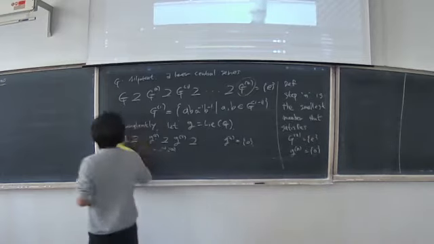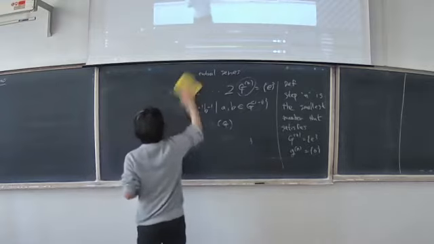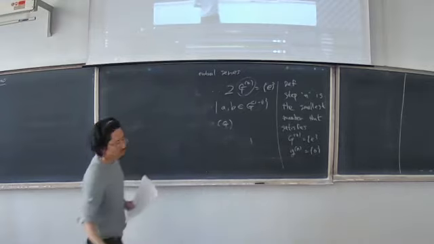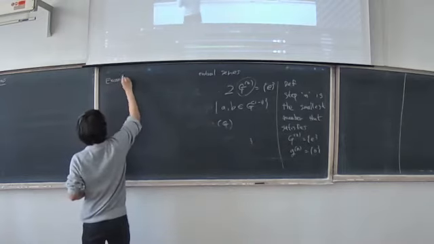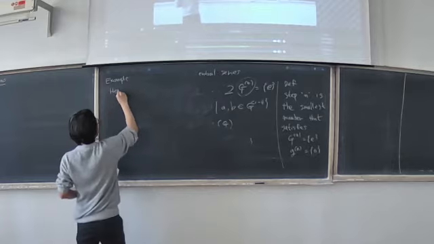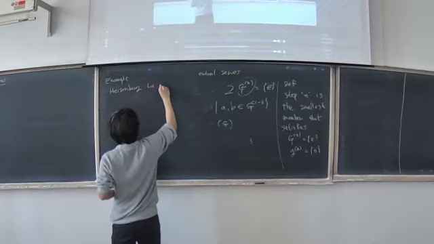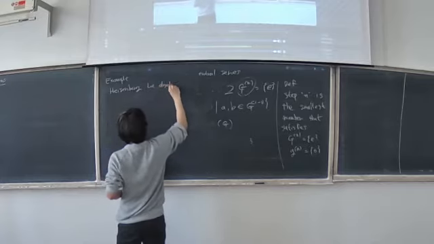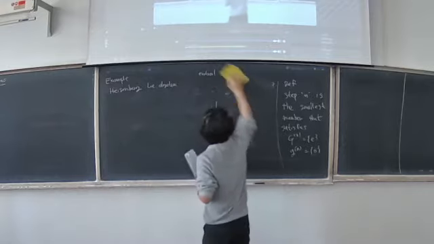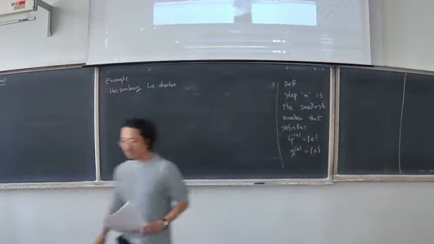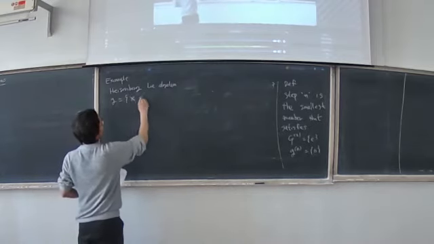Let's see an example. The example is the Heisenberg algebra. The Heisenberg algebra contains three elements, like x, y, and z.